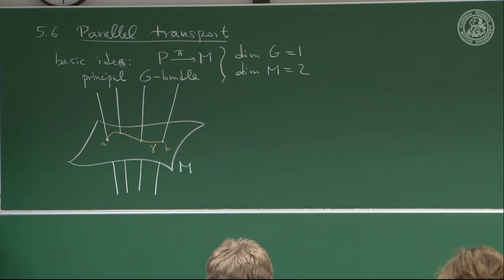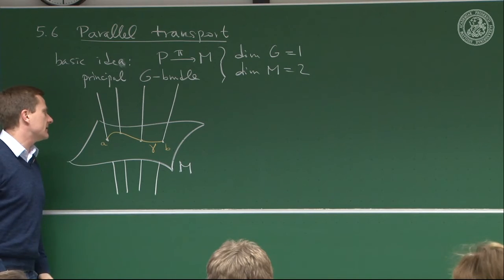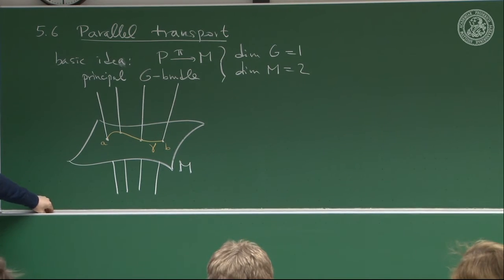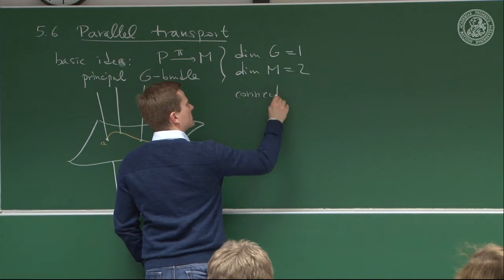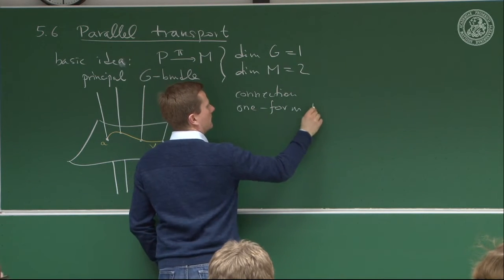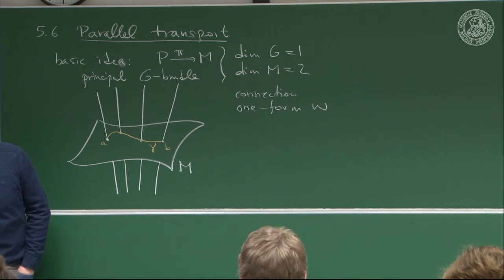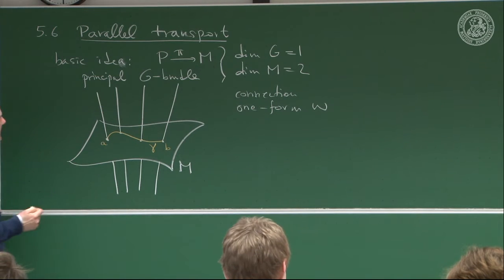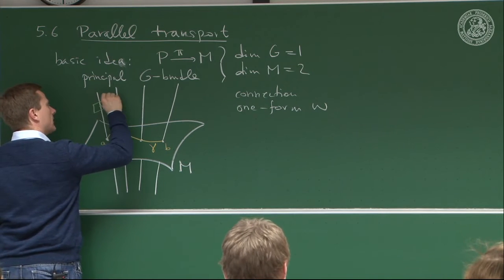So now, given this curve, we would like to lift it to the principal G bundle, and there would be various ways to do that. But a particularly interesting case is the one where the principal G bundle is equipped with a connection 1 form. So let's also assume that we have a connection 1 form, omega, which of course induces or defines at each point of each fiber a little horizontal space.